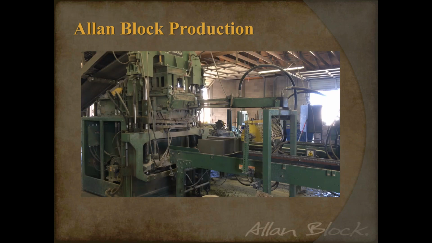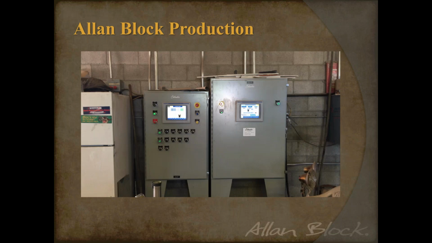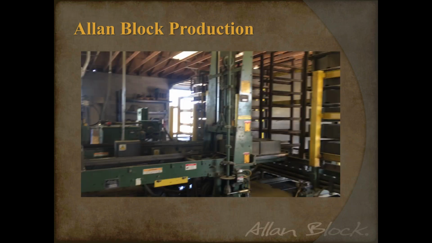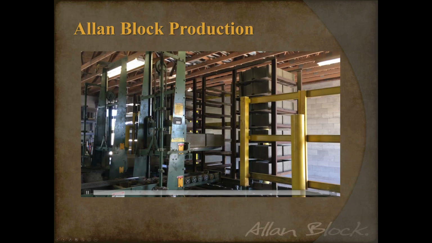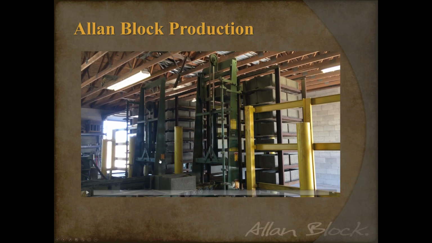So these are the computers that run the entire system. And again, this block is going to be raised up, and it's going to be put in the top slot. And when that rack is full, that rack will be brought to the kiln. And then you can see the dry block over here that are again on that conveyor that are heading towards the splitter. So very automated. In fact, you don't see any people around here.